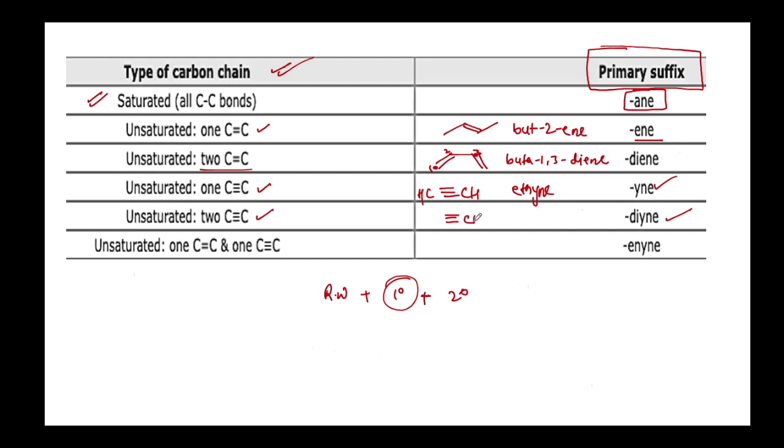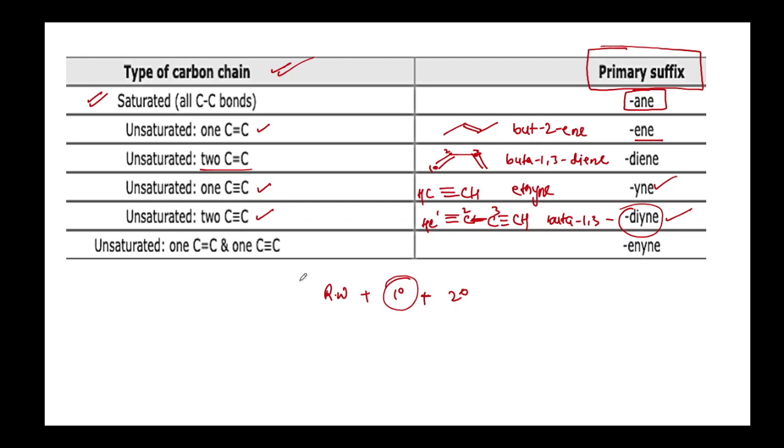Look at this. There is one CH over here, C triple bond C and one CH, obviously, because carbon is tetravalent. This is going to be buta-1,3-diyne, like this.